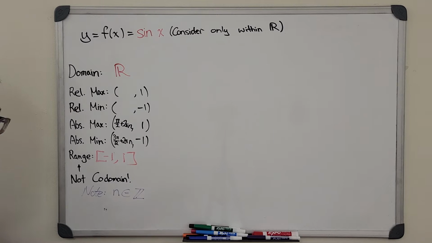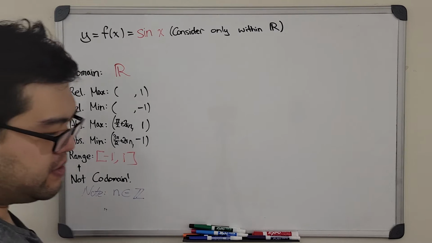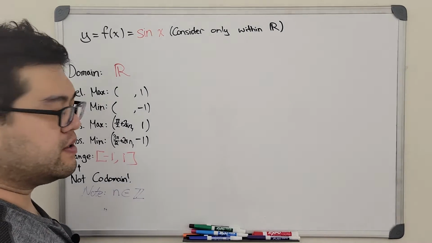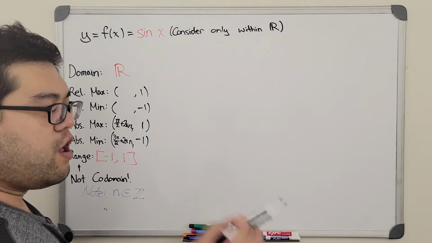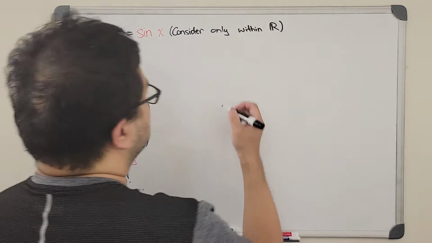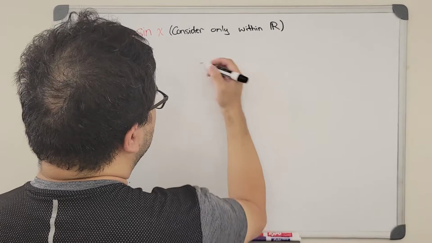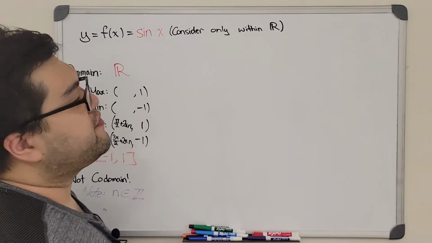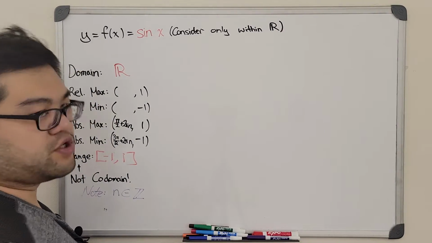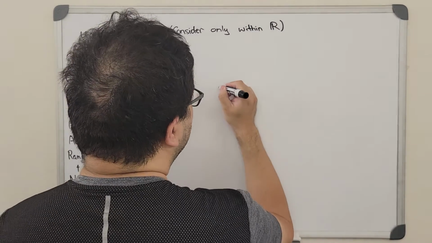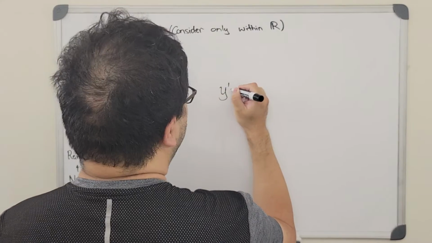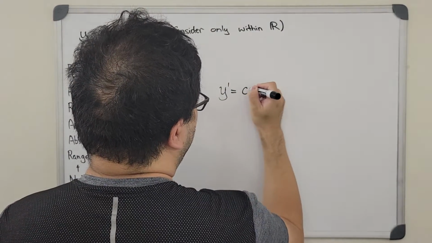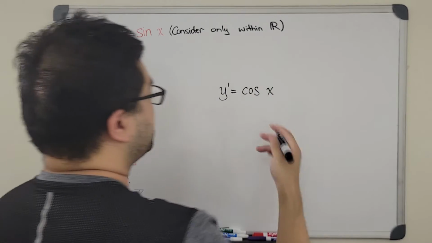So now we need to secretly throw in the idea of the derivative again. To find the relative extrema, we can just take the first derivative of the function, especially since this is continuous, it's very easy to do. So if we take the derivative, we're going to get cosine of x.